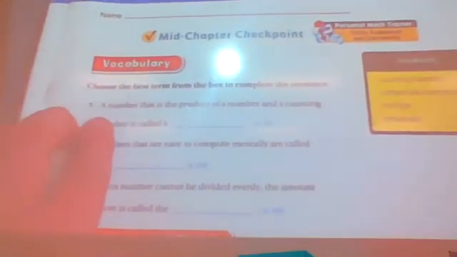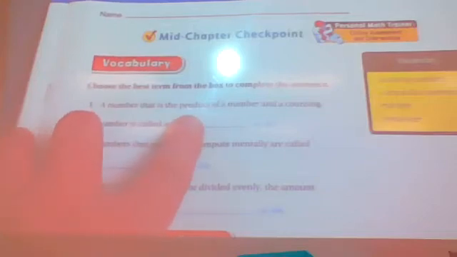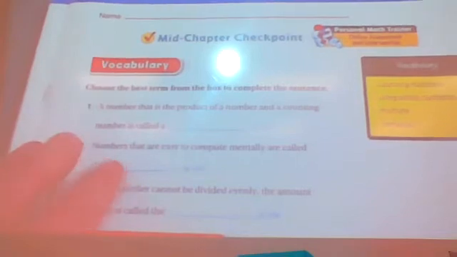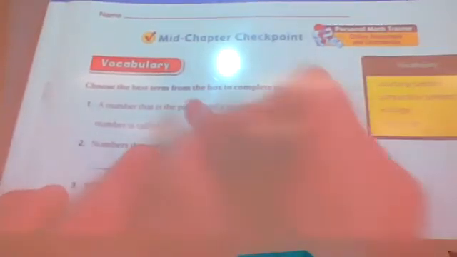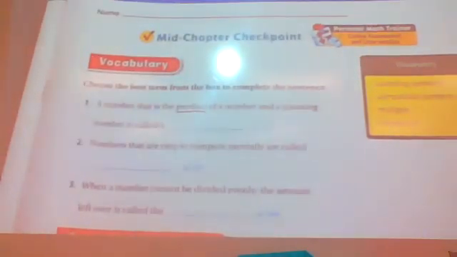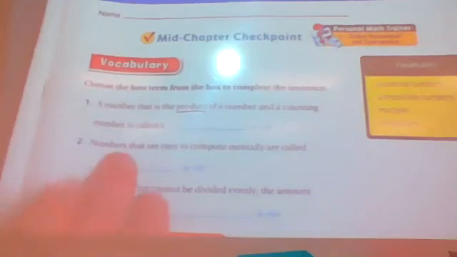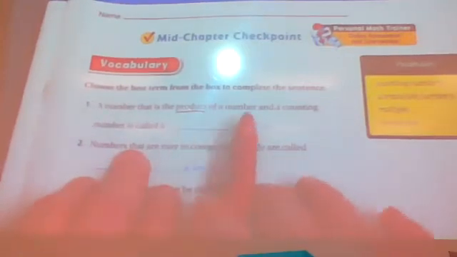Okay, number one, a number that is the product of a number and a counting number is called a... Okay, so the product is always going to be the answer of a multiplication problem. So it's the product of a number and a counting number.